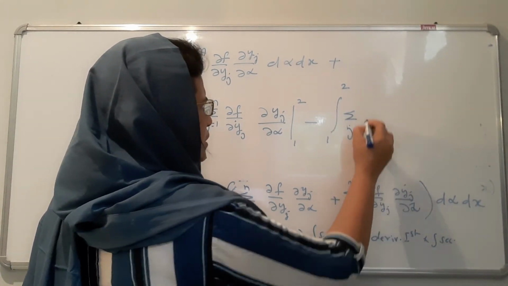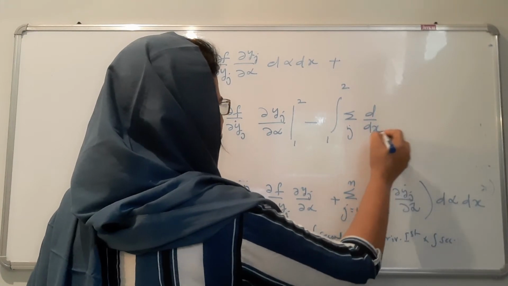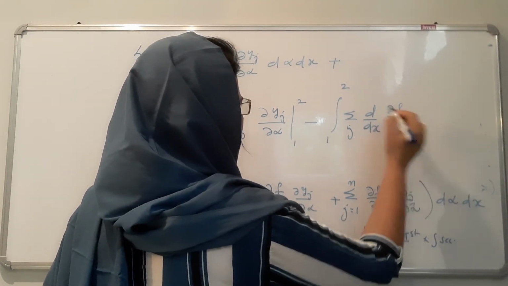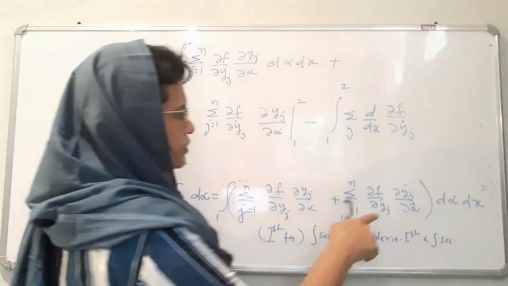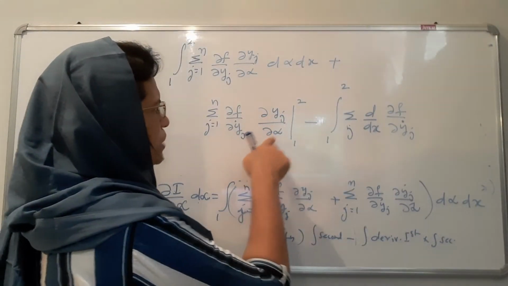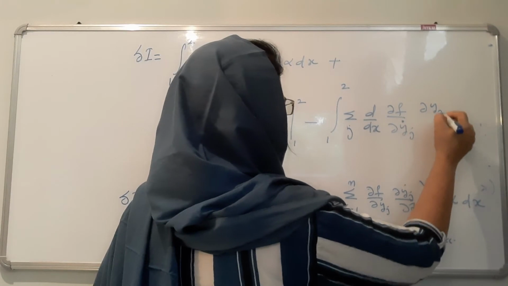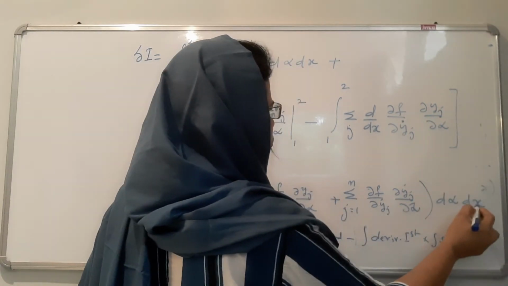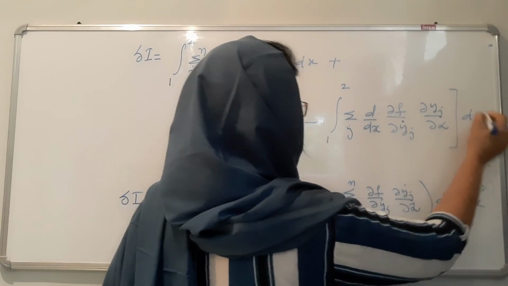Derivative of the first means d/dx of ∂f/∂yj dot into integral of second. The integral of second is the same term, ∂yj divided by ∂α. All these things we have integrated with respect to x, therefore dα is here.